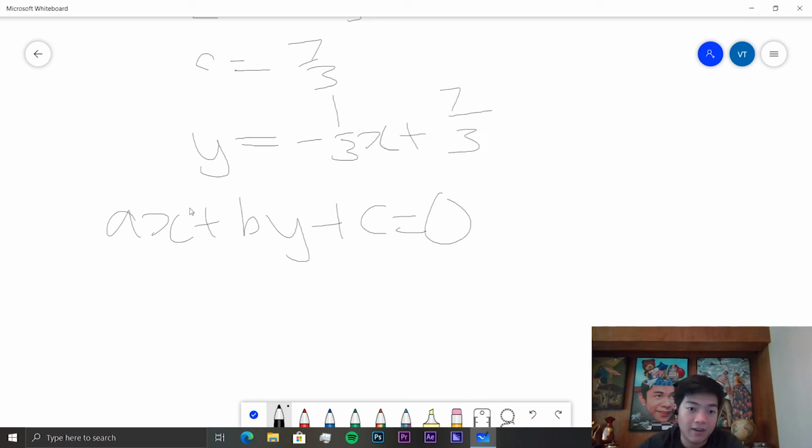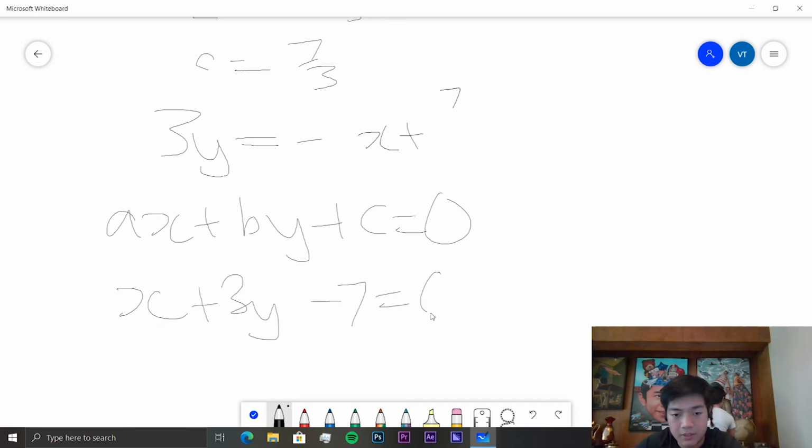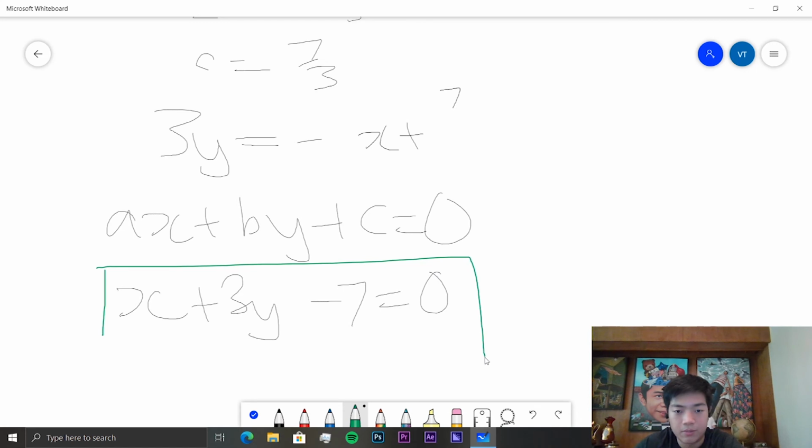First of all, we want to multiply everything by 3, so we get 3y is equal to negative x plus 7. And so therefore we have x plus 3y minus 7 is equal to 0. So this is the equation of the normal.